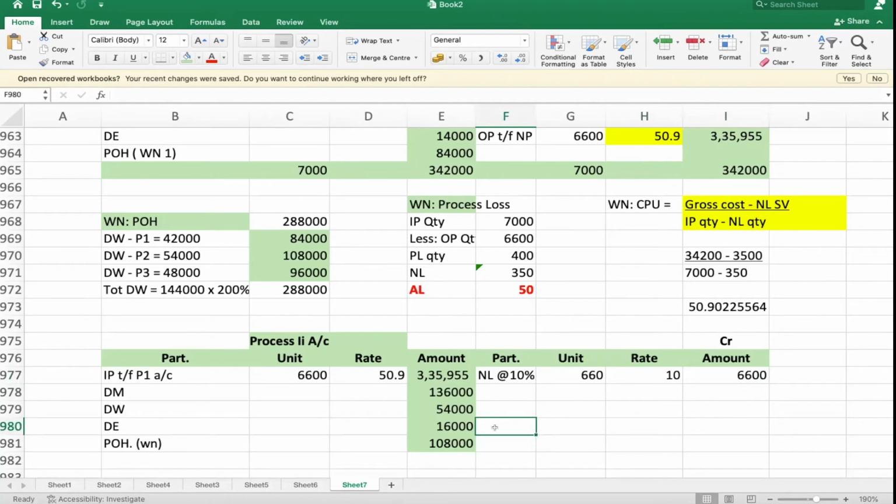Then output transferred to the next process, process 3. You can write process 3. How much is that? It is also given in this question. Check it up. 5,200.